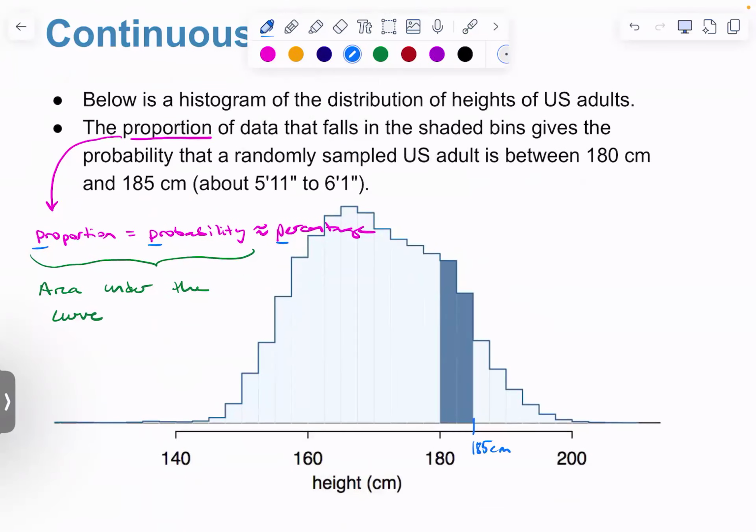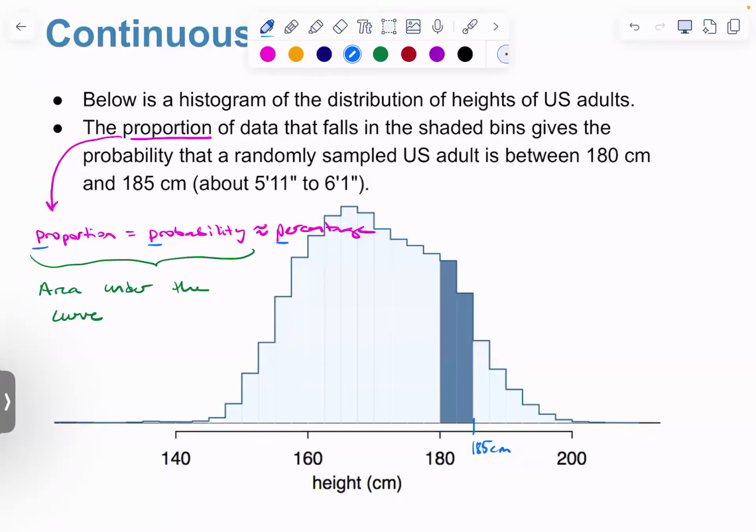You can find areas of rectangles. That's perfectly doable. If you have these 2 rectangles, you can find those areas individually, and then you can add them up, and there you go. But that seems like a lot of work, and it is, but that's the idea.